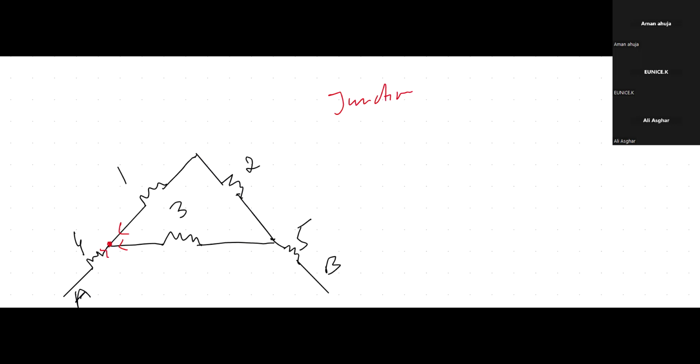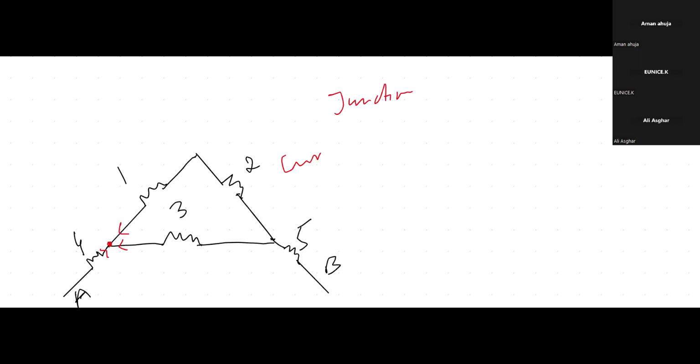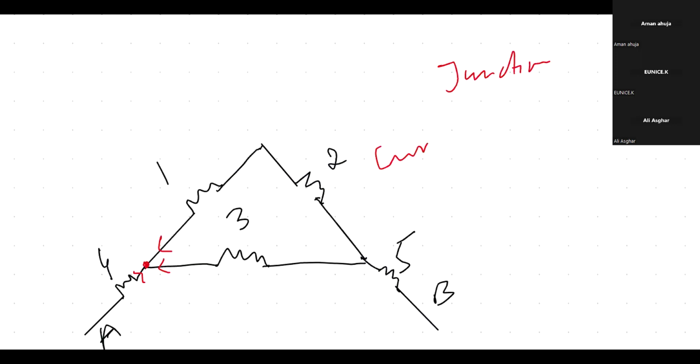Is my marker visible to everyone? Is it visible? Ali, what about now? Is it visible for you? What about others?